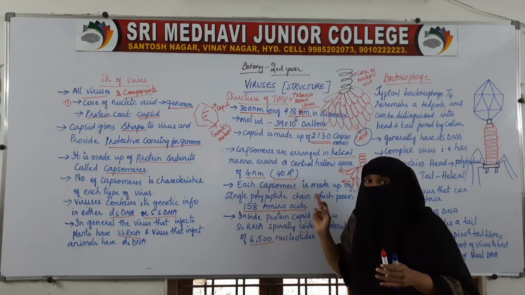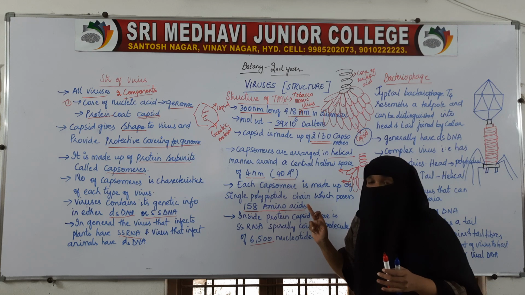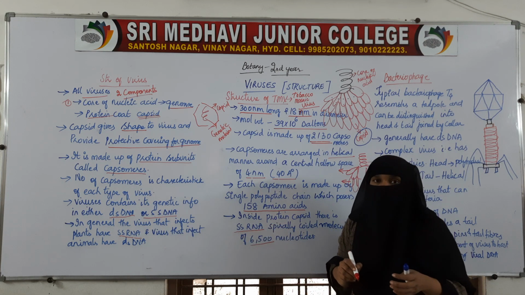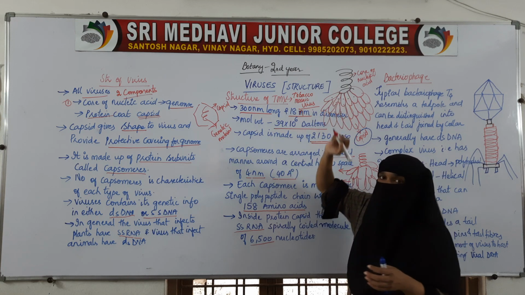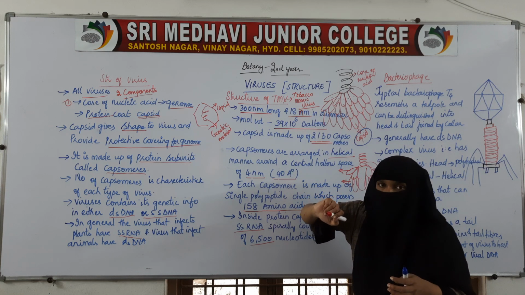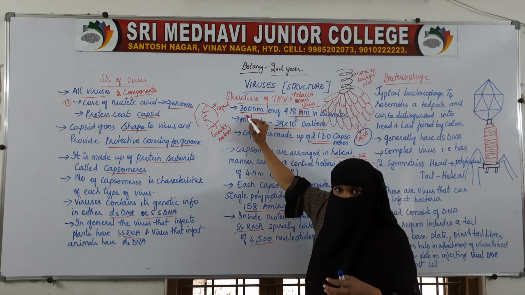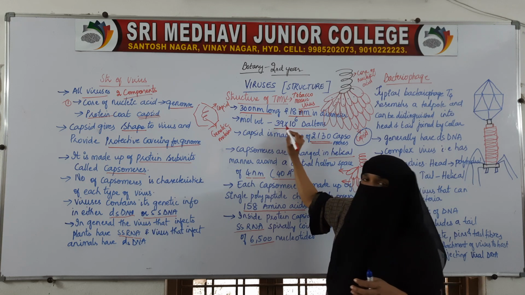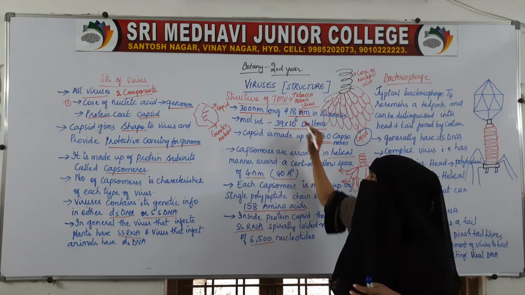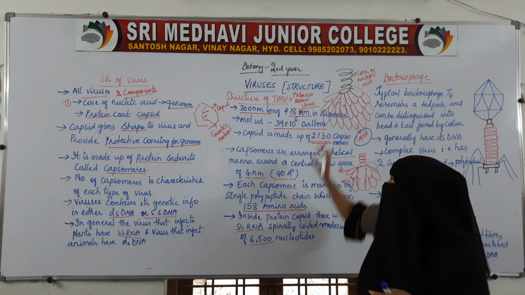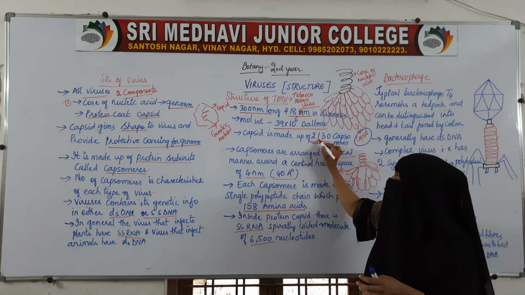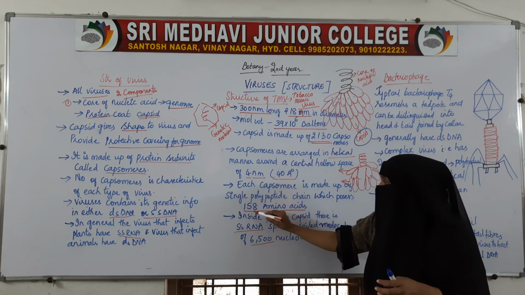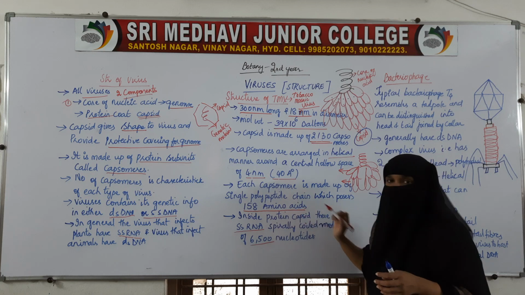So which type of genome does tobacco mosaic virus have? Single stranded RNA is the genetic material of tobacco mosaic virus. It is 300 nanometers long, 18 nanometers in diameter, and the molecular weight is 39 into 10 to the power of 6 Daltons. The capsid is made up of 2130 capsomeres, and each capsomere is made up of 158 amino acids.